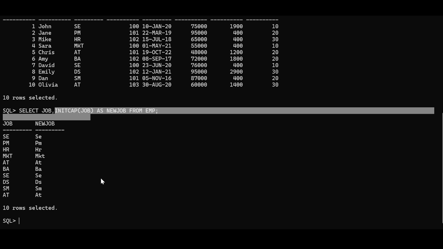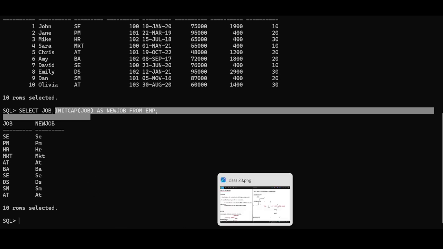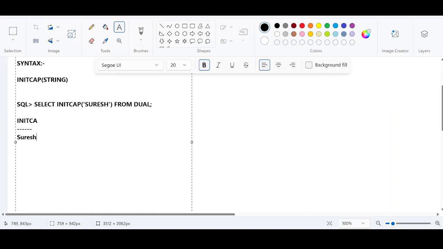Now the next one is a function called the REPLACE function. When you understand INITCAP, this function is very easy. The name itself says it replaces a string with another string.